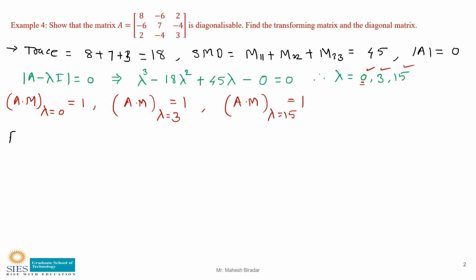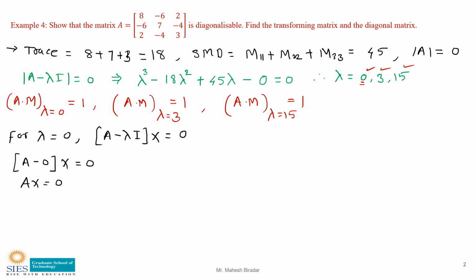So here I'm going to calculate for lambda equal to 0. Substitute the value of lambda in the equation A minus lambda I into x equal to 0. If lambda is 0, then A minus 0 into x is equal to 0, so in short, Ax is equal to 0.